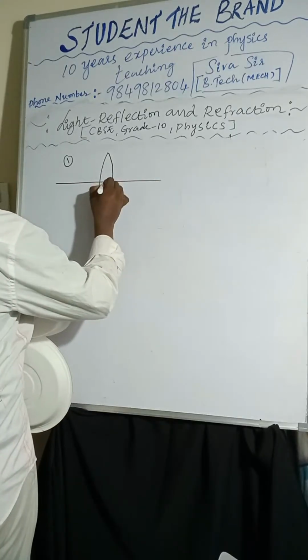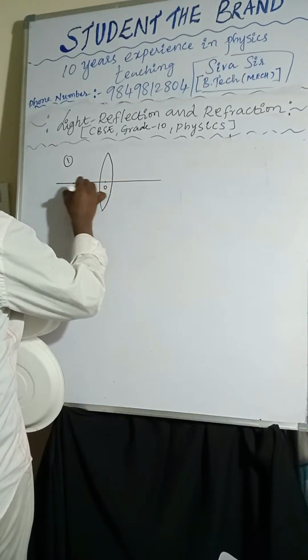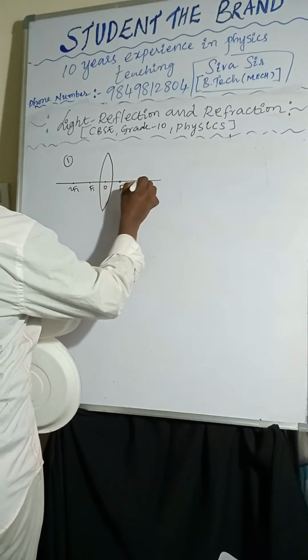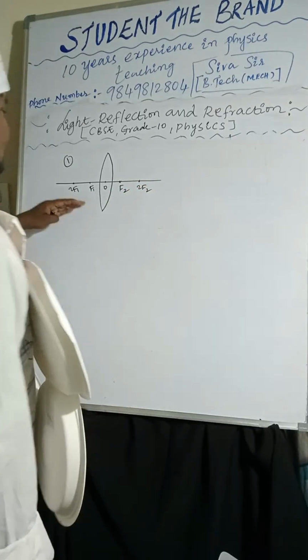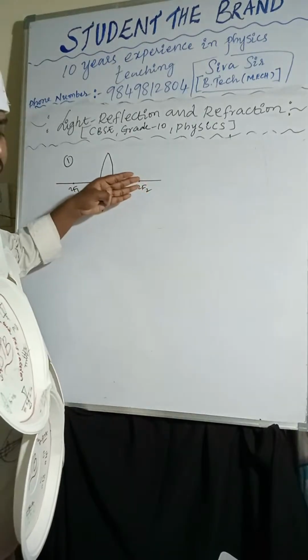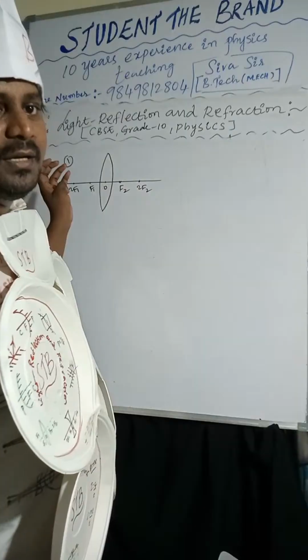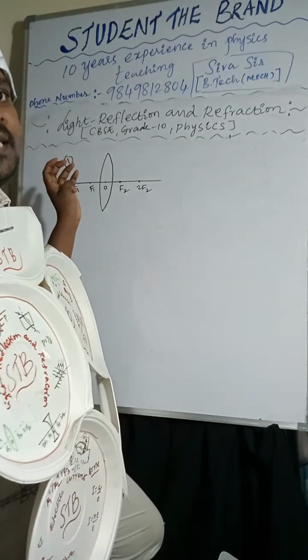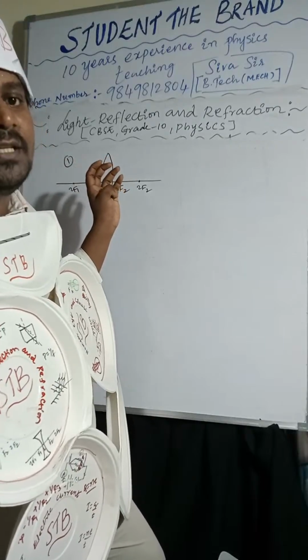Optic center, F1, 2F1, F2, 2F2. So convex lens, F1 to F1, F2 to F2. How many light rays are required to form the image of the object? Minimum 2 light rays are required to form the image of the object, right?